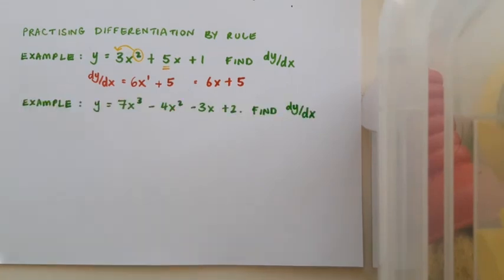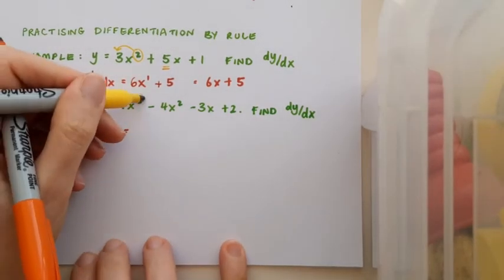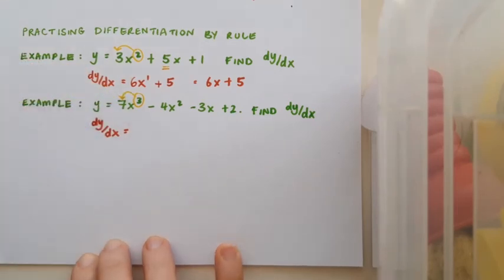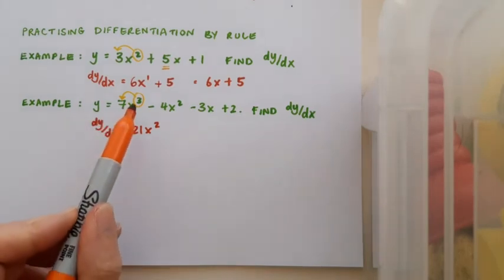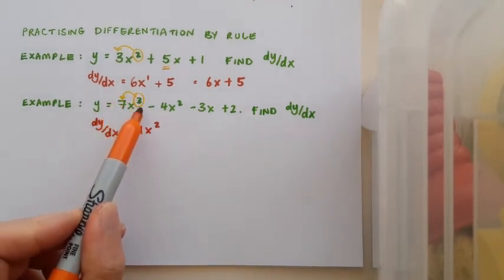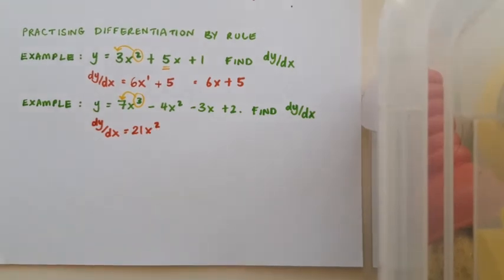So here's a second example. I've got y this time equals 7x cubed minus 4x squared minus 3x plus 2. And again, I want to find dy dx. First of all, I've got 7x cubed. Again, that power is going to come down in front and multiply by the coefficient. And I'm going to have 21x squared. So notice not only did the 3 multiply by the 7, but I also reduced my power by 1.